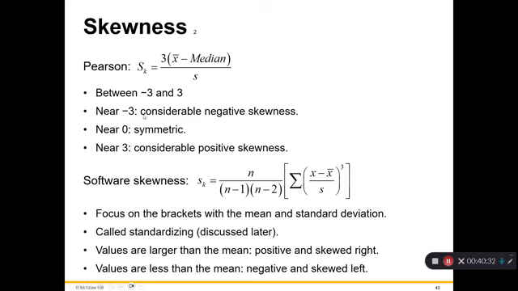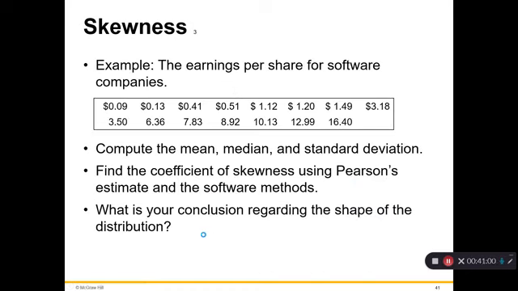If it's minus 3, then there is a considerable negative skewness. 0 means symmetrical. If it's 3, it's a considerable positive skewness. But the most commonly used formula is this one right here, software skewness. And let's look at how it is used.